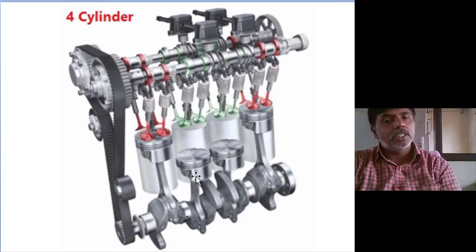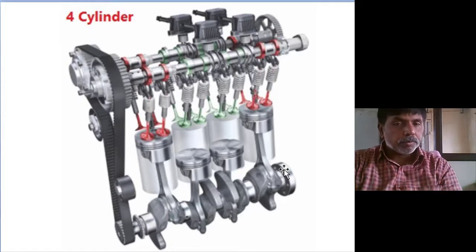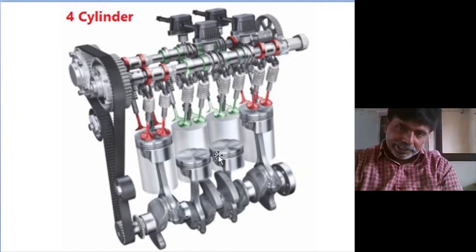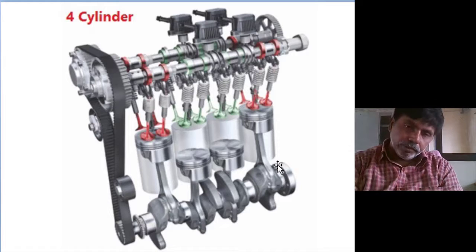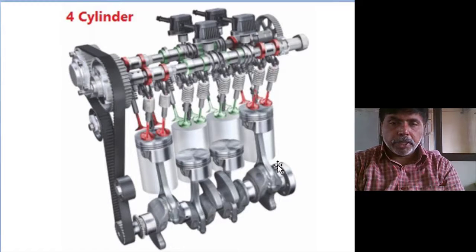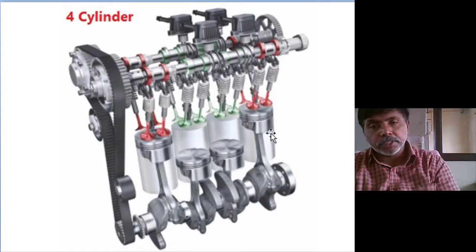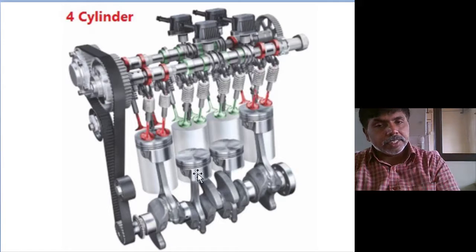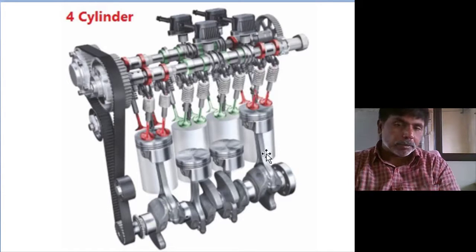Again I run the engine at the same initial speed, 1500 RPM, and determine the brake power of these three cylinders. So total brake power minus brake power of three cylinders gives the indicated power. Like that for the second cylinder, the third cylinder, the fourth cylinder.